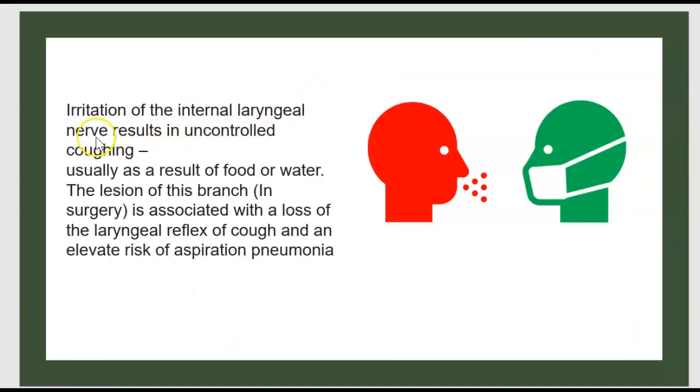Irritation of the internal laryngeal nerve results in uncontrolled coughing, usually as a result of food or water. The lesion of this branch in surgery is associated with the loss of the laryngeal cough reflex and an elevated risk of aspiration pneumonia.